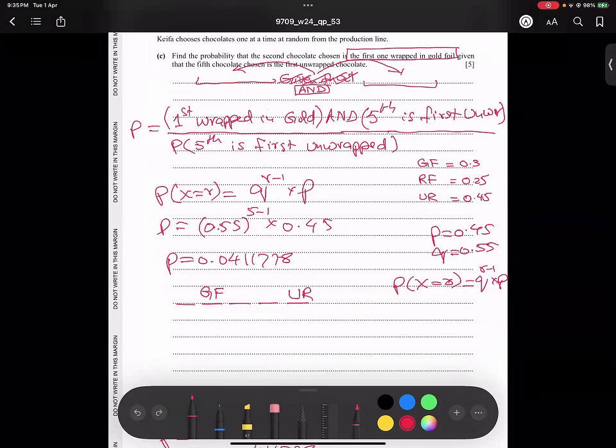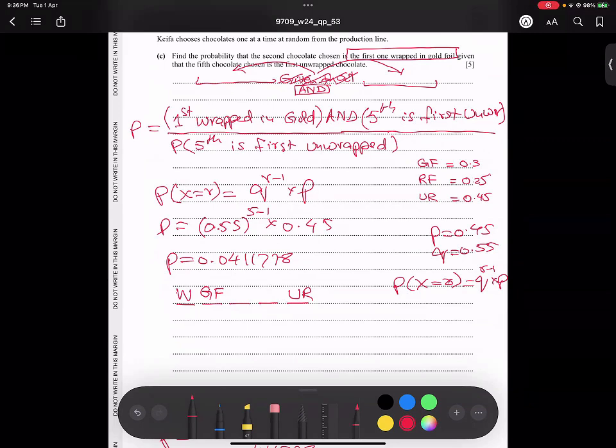So I'm writing: the second chocolate is the first time wrapped in gold. Okay, now my question comes: what is the first position, and what are the third and fourth positions? Naturally the gold foil will come here, and we can say wrap, because the first one we have to go for wrapping.